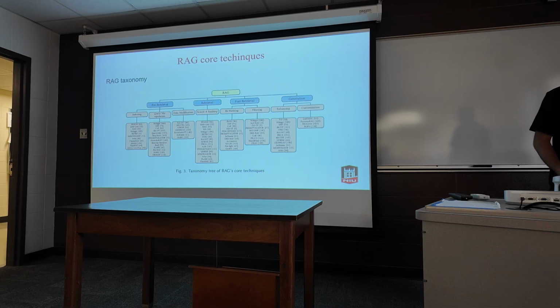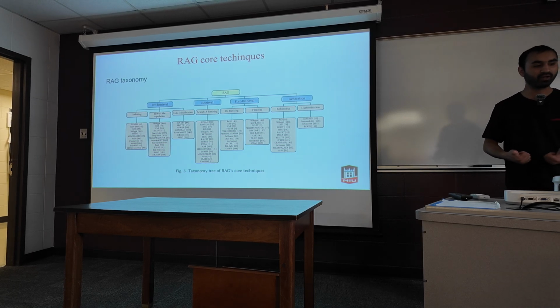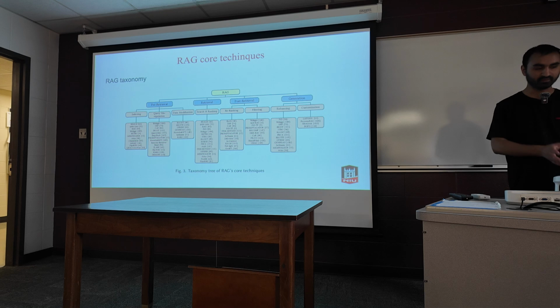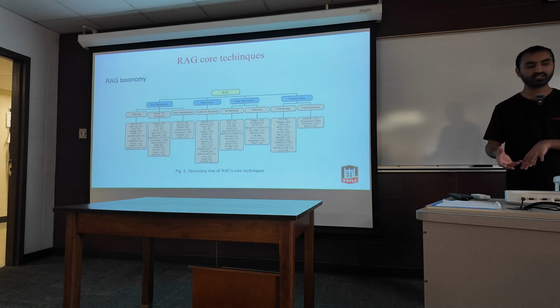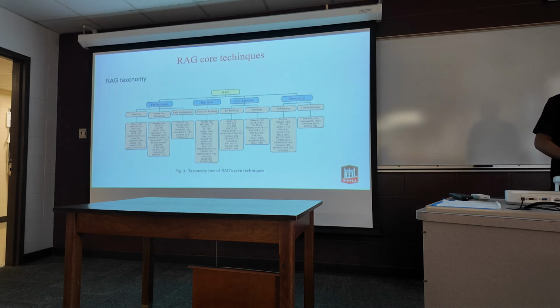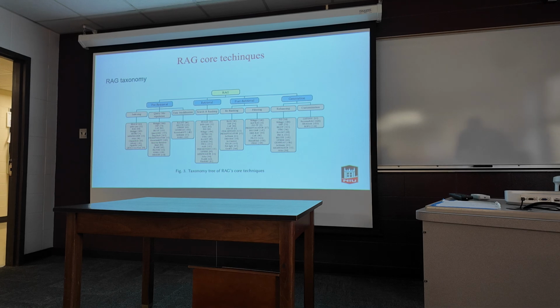In terms of RAG taxonomy, RAG core techniques, there are 4 steps. First is pre-retrieval, then retrieval, then post-retrieval, and last is generation. Pre-retrieval starts with indexing, where there are a bunch of models for indexing the data, and then query manipulation.